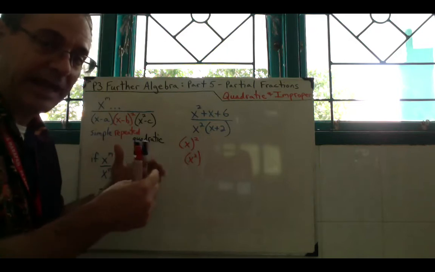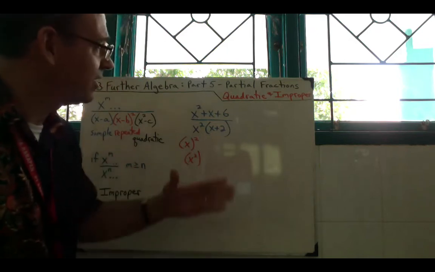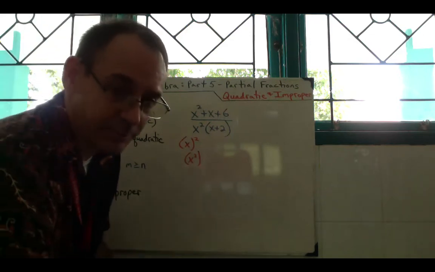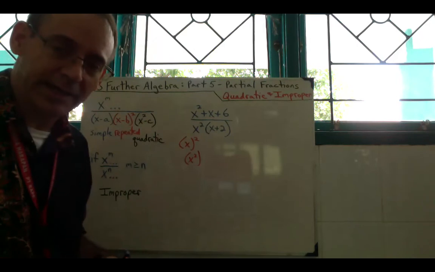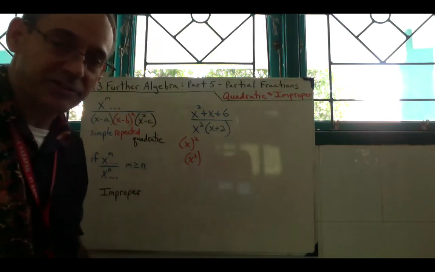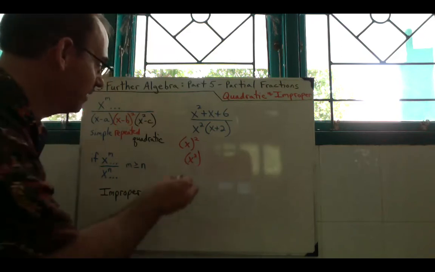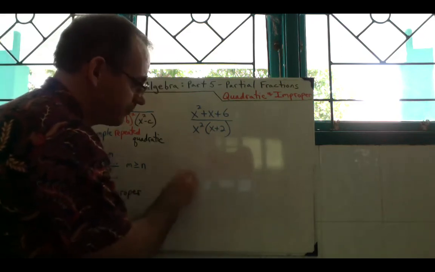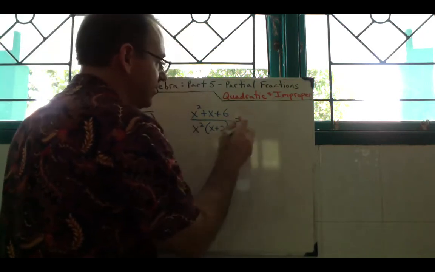You can solve it as a repeated, or you can solve it as a quadratic. Since we're talking about quadratic and improper today, we're going to solve it as a quadratic, and then I'll show you at the end how it's the same as the answer you would get if you were solving it as a repeated factor.